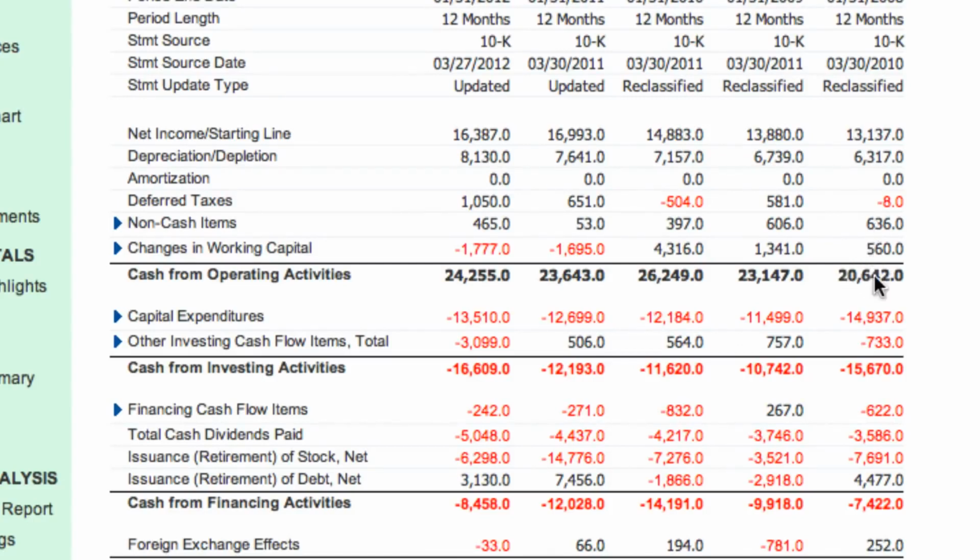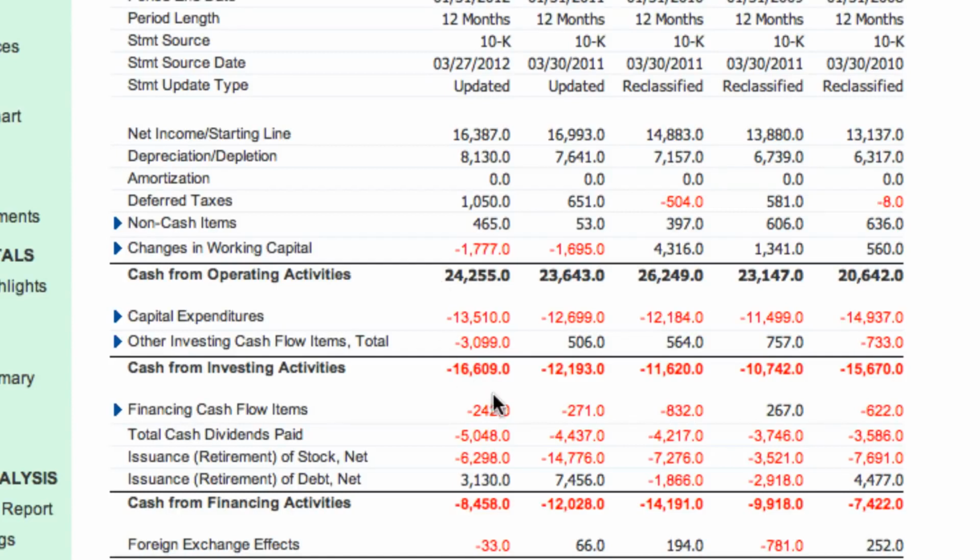So that's $20.6 billion. The next year is $23.1 billion, and up to 2012 is $24.2 billion. So that's all the money that's flowing into Walmart. That's how much they're generating per year for their operating activities.